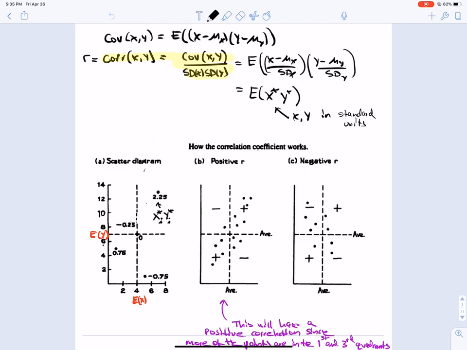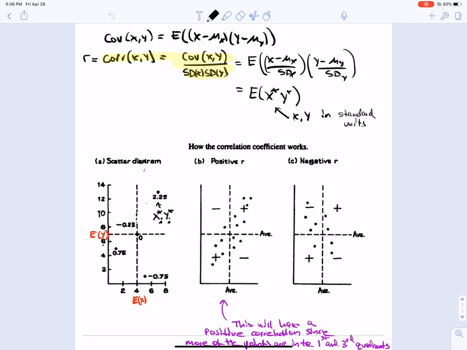X star is positive because it's to the right of the expectation of X. Y star is positive because it's above the expectation of Y. In the second quadrant, you get negative times positive, which is a negative. In the third quadrant, you get negative times a negative, which is a positive. And in the fourth quadrant, you get positive times a negative, which is a negative.